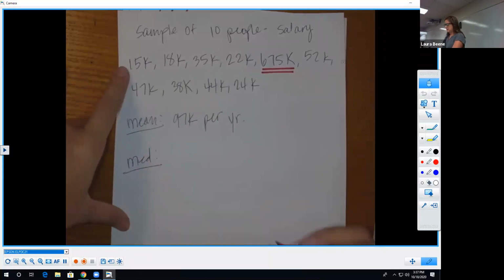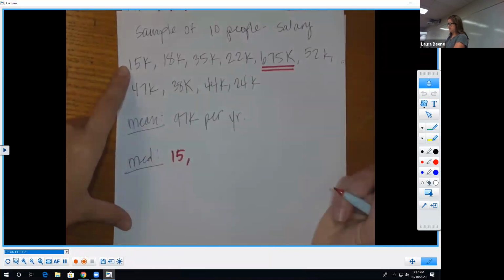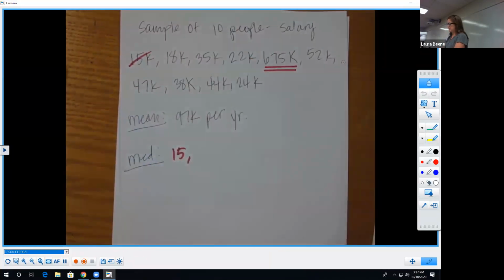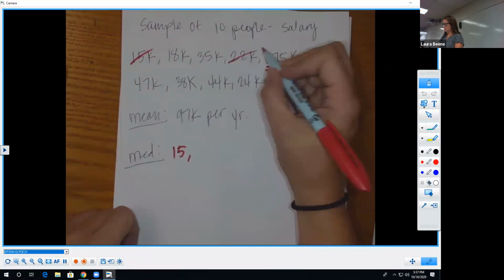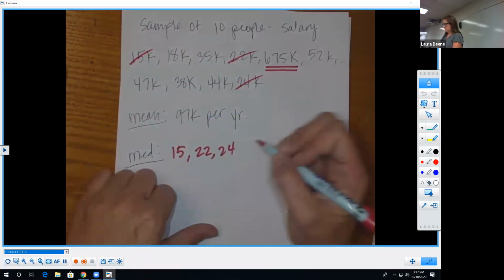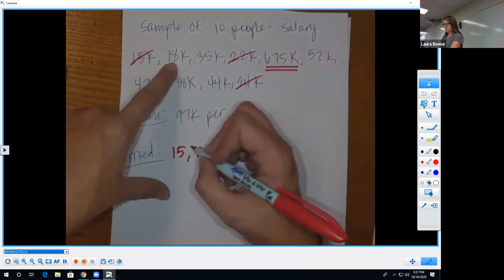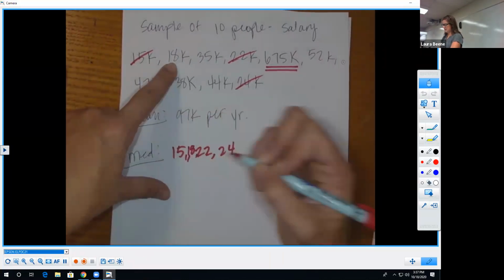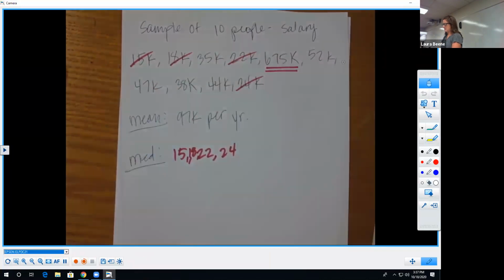So the smallest salary is 15. The next smallest is 22. And then we have 24. Oh, I missed 18. Dang it. So we'll squeeze 18 in there. 24.